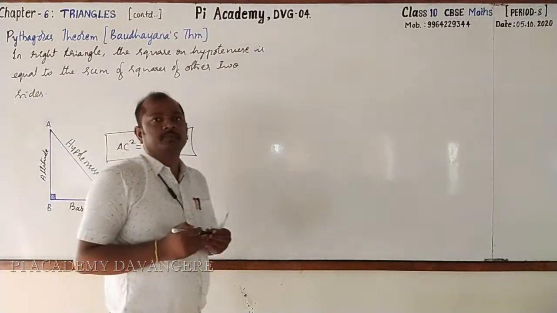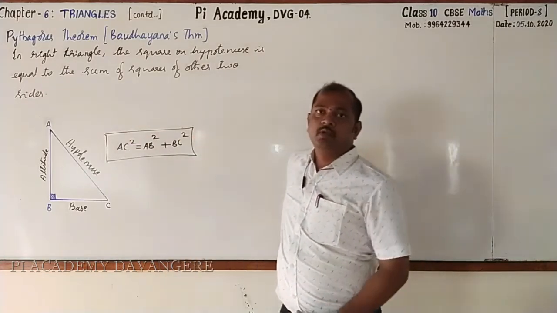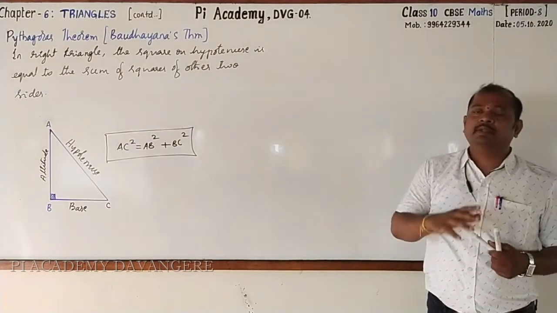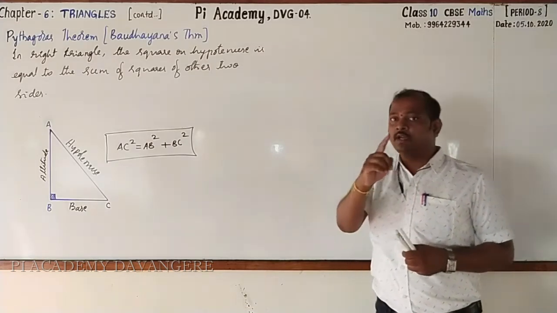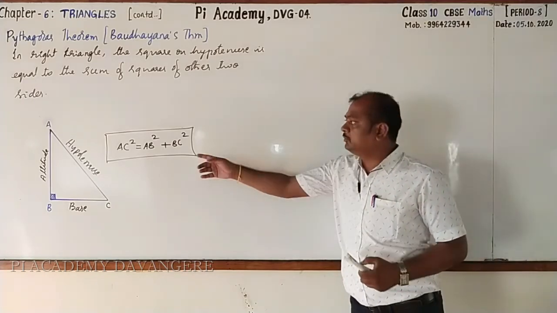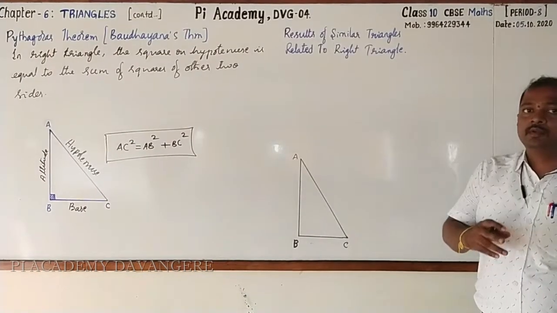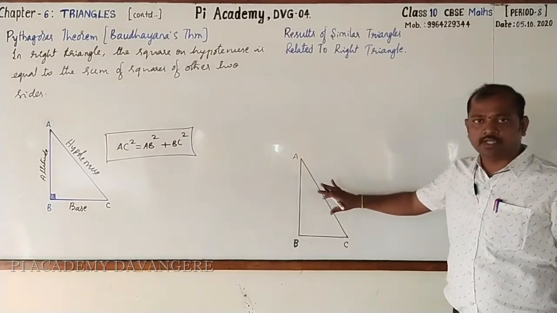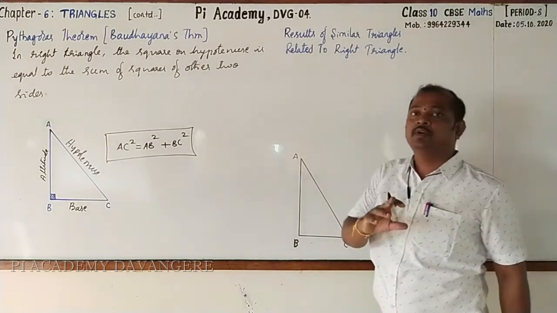Dear students, to prove this Pythagoras theorem, we have some important results of similarity of triangles related to right triangle. Let me teach you them first. And before going to that, please go for copying up to here. Now I am going to tell the results of similar triangles related to right triangle.